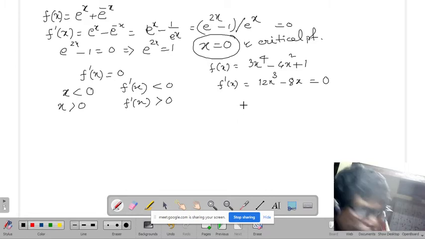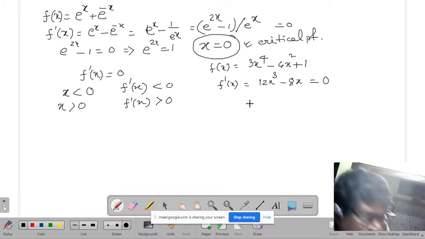In your notebook you calculate, tell me the result. 0 and root over 2 by 3.